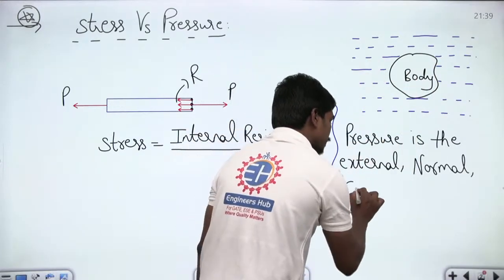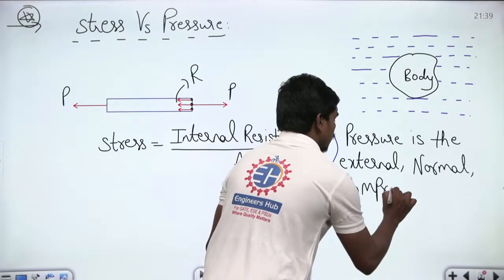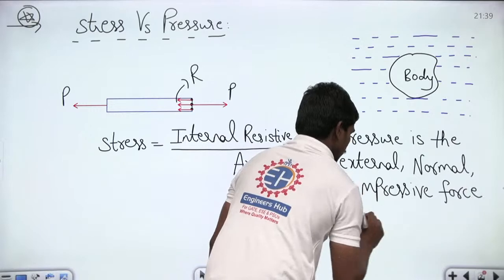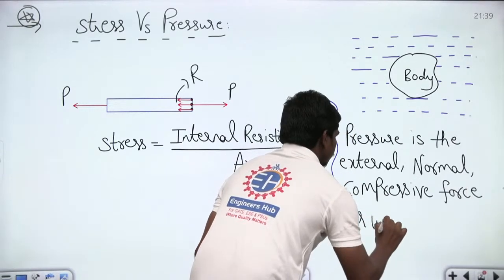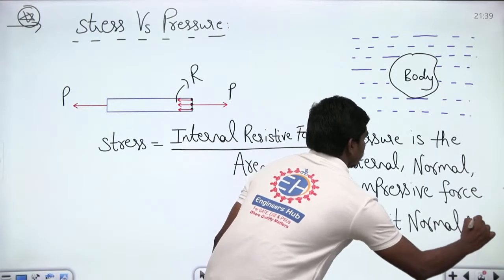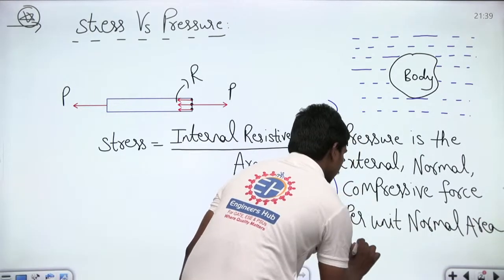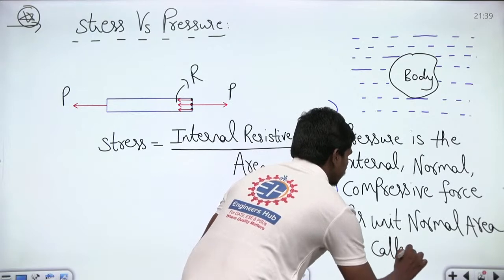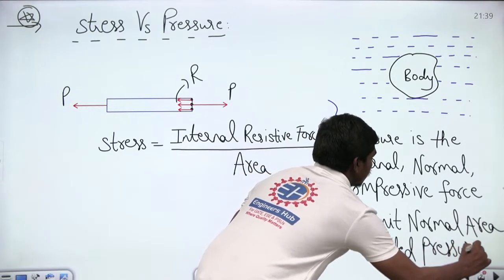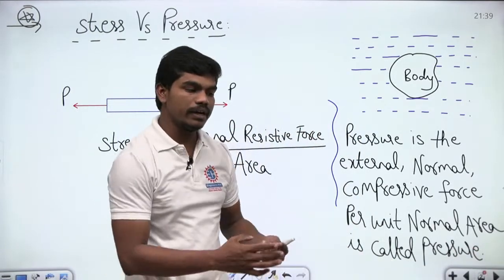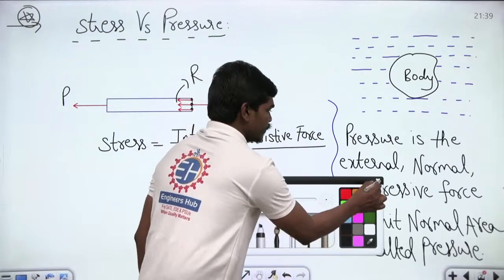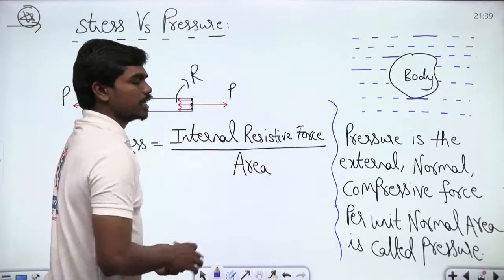This external normal compressive force per unit normal area is called pressure, correct? So basically this is the difference. Good evening Vamshi, please see here. If this is the definition of stress, then that's the definition of pressure.